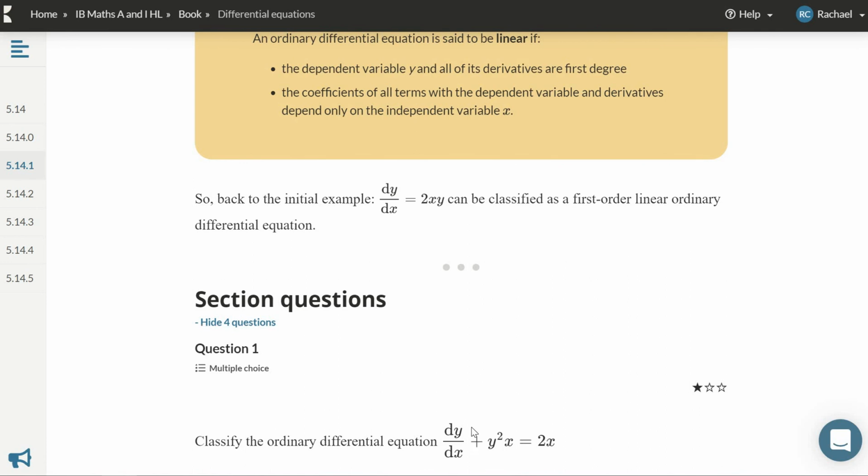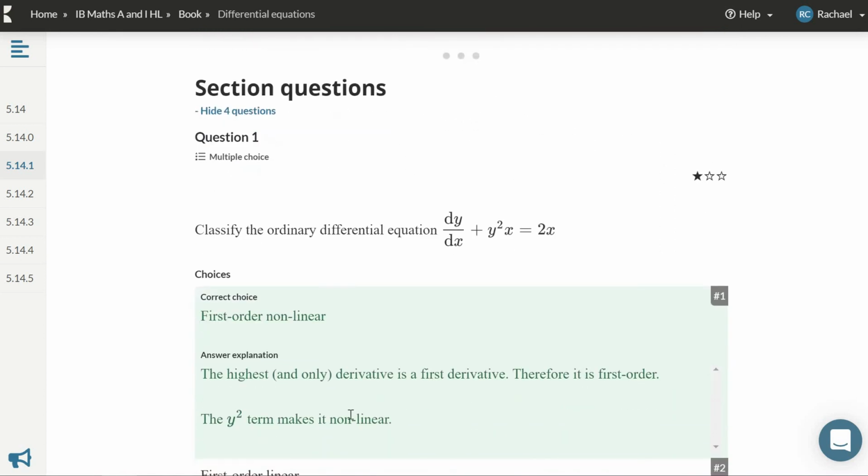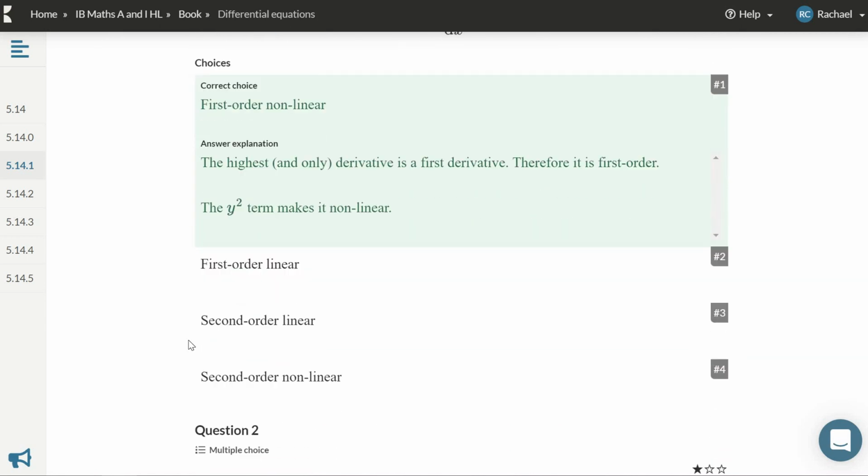So here you see its order is first order because it's dealing with your first derivative. It's non-linear because the y coefficient is being squared. So that's going to be non-linear. The highest and only derivative is the first derivative, therefore it's first order. The y squared term makes it non-linear.